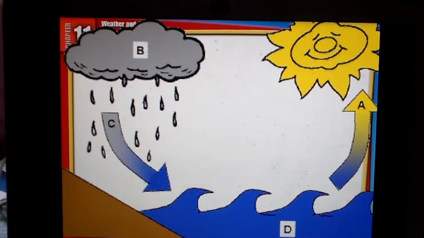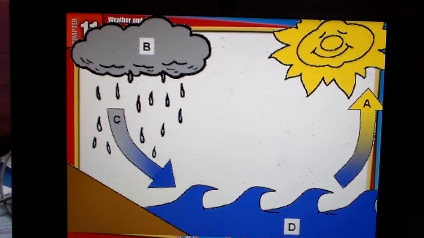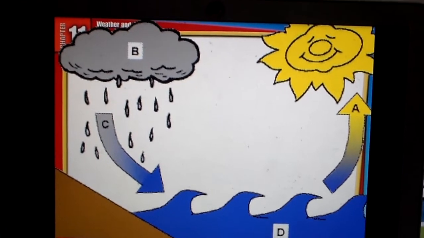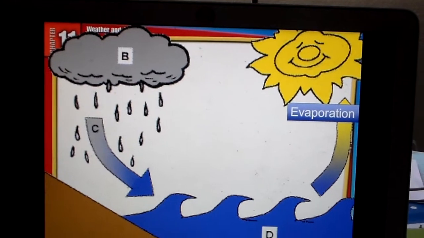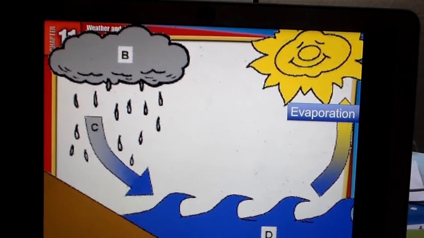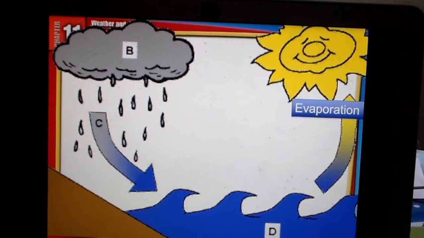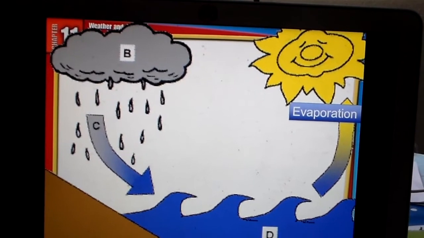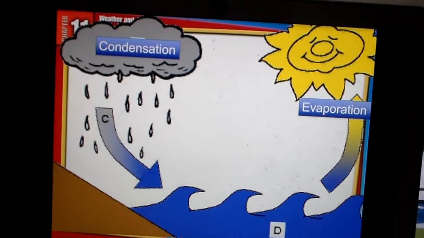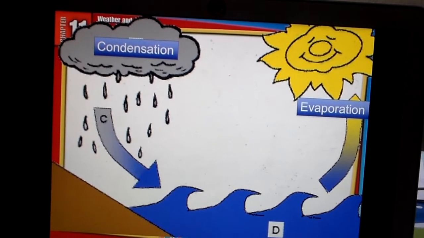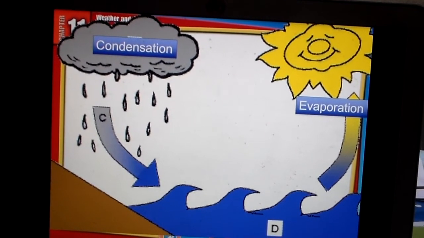Okay, so now we've gone through pretty much the entire overall water cycle. It starts with step A, evaporation, which is powered by the sun. That causes liquid water to turn into gas. Then when the air cools, we get step B, which is condensation, where gas turns back into a liquid, so water vapor into a liquid.